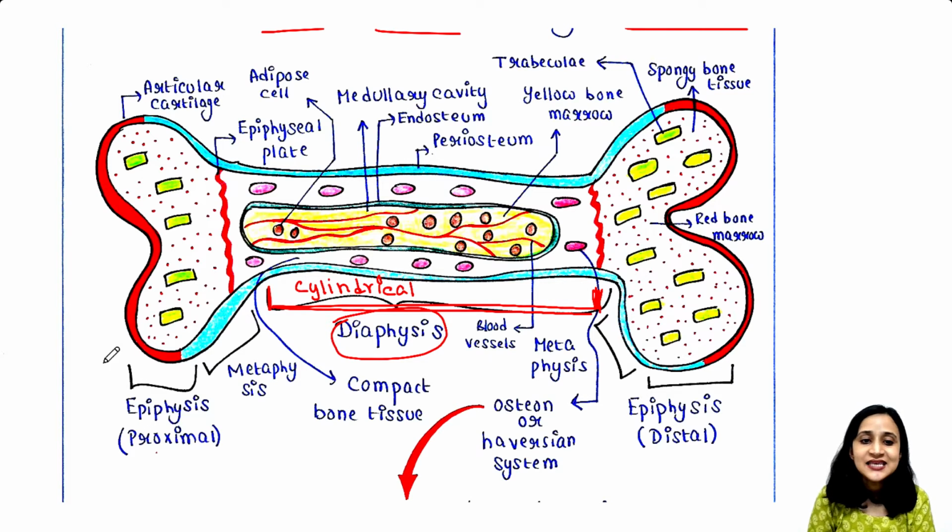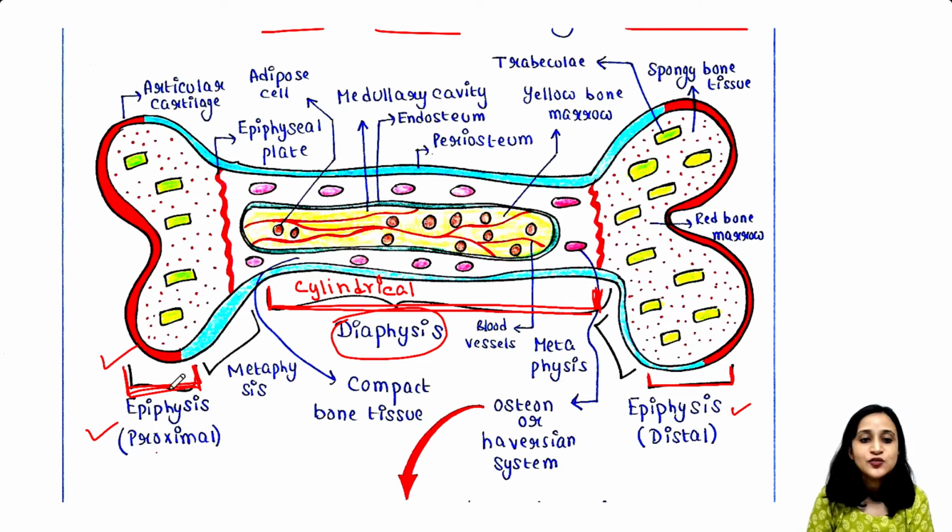Now here you can see this part is called epiphysis. So epiphysis is the end of bone. Two ends are there in the bone. The first end is called proximal epiphysis, and this second end is called distal epiphysis. These two are epiphysis, and the central long cylindrical part is diaphysis.